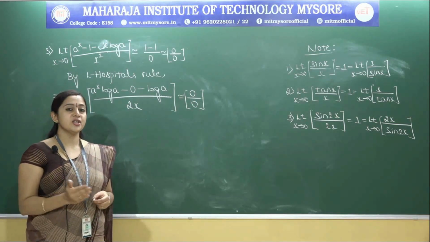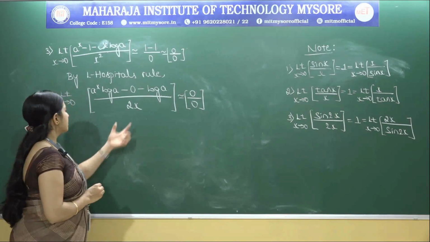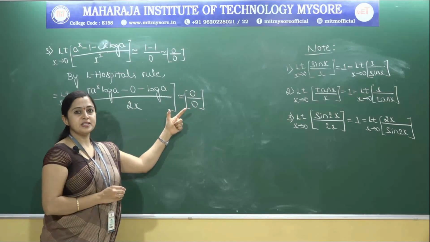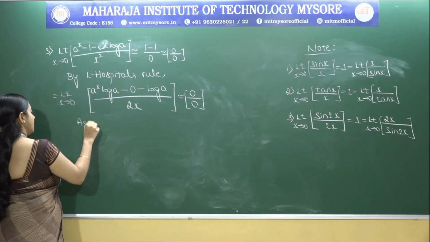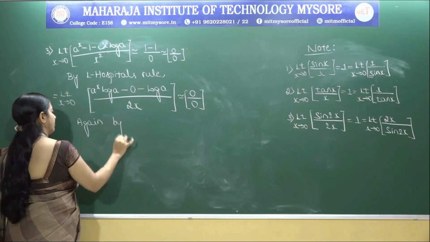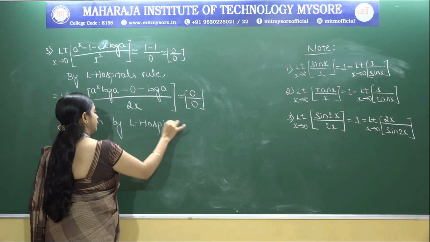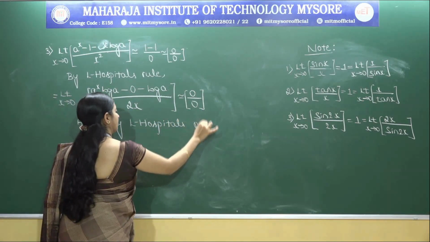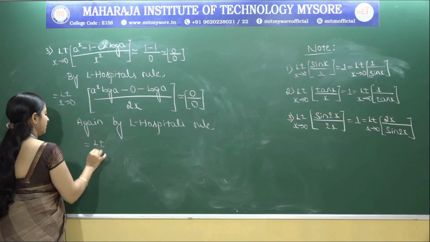So go on differentiating till you get the real value. Since you got the 0 by 0 in the differentiation, again you apply the L'Hospital rule. Once again you differentiate the numerator and denominator.